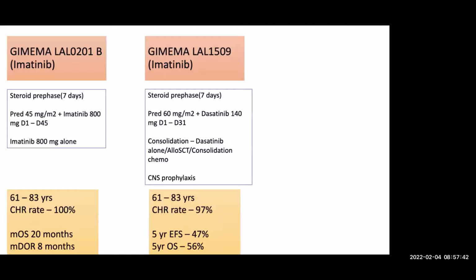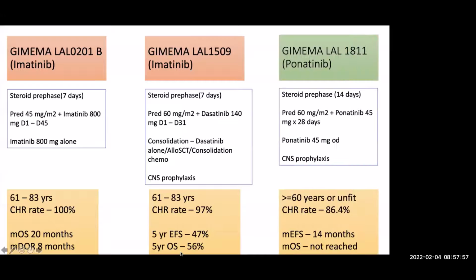The 1509 trial utilized steroid plus dasatinib, but here they tried to consolidate with some form of chemotherapy also. Hence, the EFS and the OS actually become better. And in the GIMEMA 1811 trial, where ponatinib was used, again we find that the EFS is 14 months.